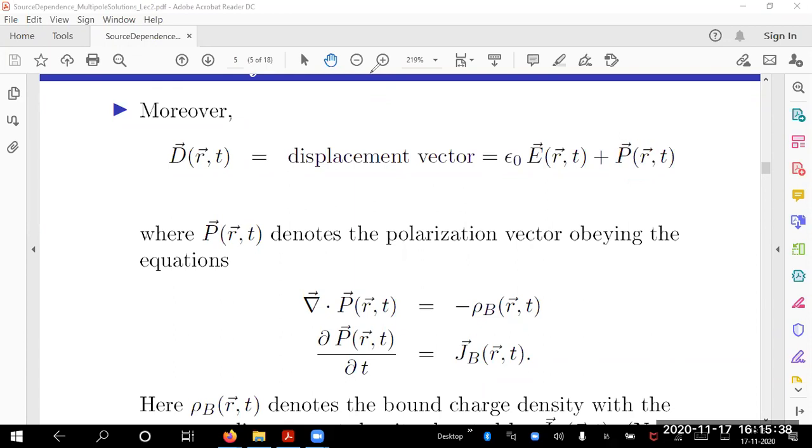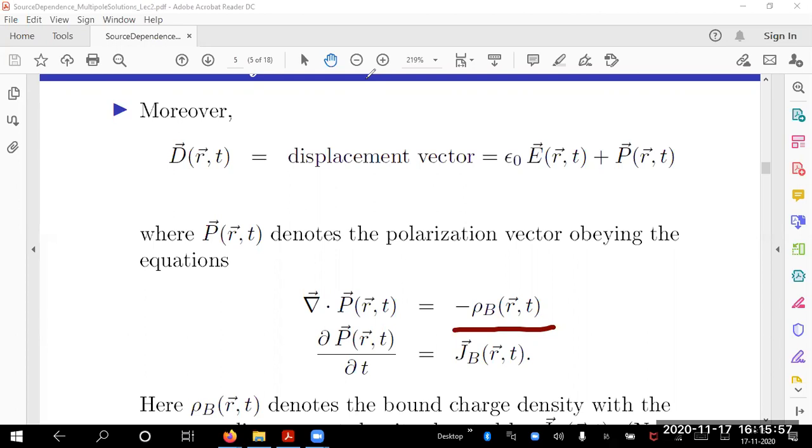And I have divergence of P equal to minus rho B. Rho B is called the bound charge. There is free charge, and there is bound charge. Total charge is free charge plus bound charge. And similarly, dou P by dou T is called the bound current density.